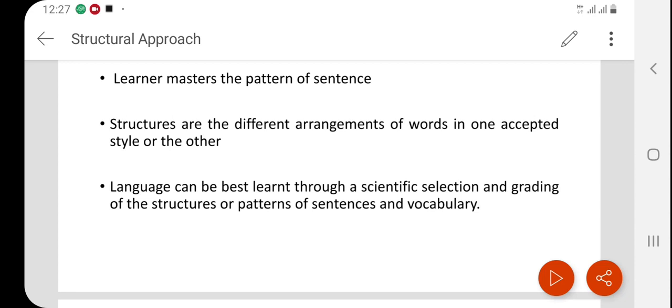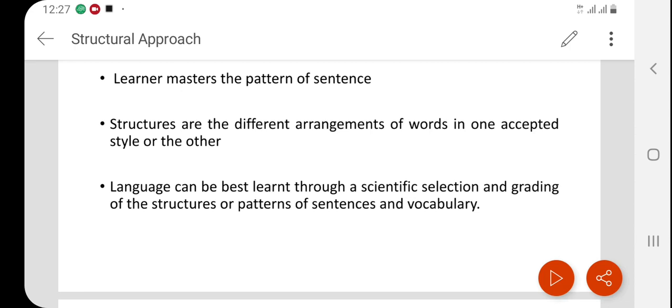The words are the same, but their places, their arrangement, is changed. They are not grammatically incorrect, but actually they are correct: Ahmed is here, or here is Ahmed.